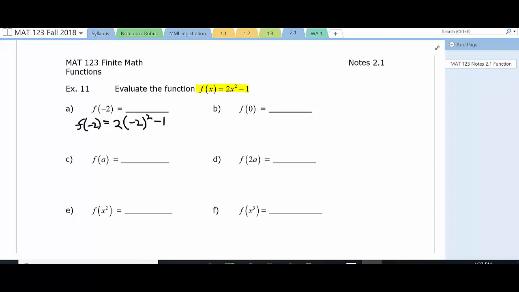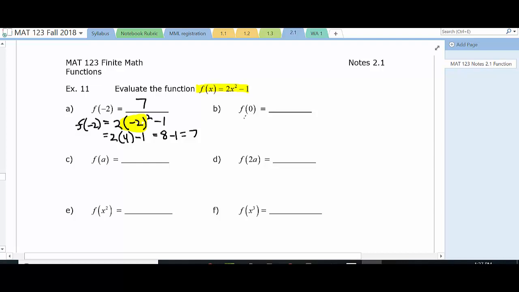You have to follow order of operations: exponent, then multiplication, then subtraction. So I'm going to have 2 times 4 minus 1, so that's 8 minus 1, which is equal to 7. So f of negative 2 just means if x is negative 2, the y value on that graph is 7.